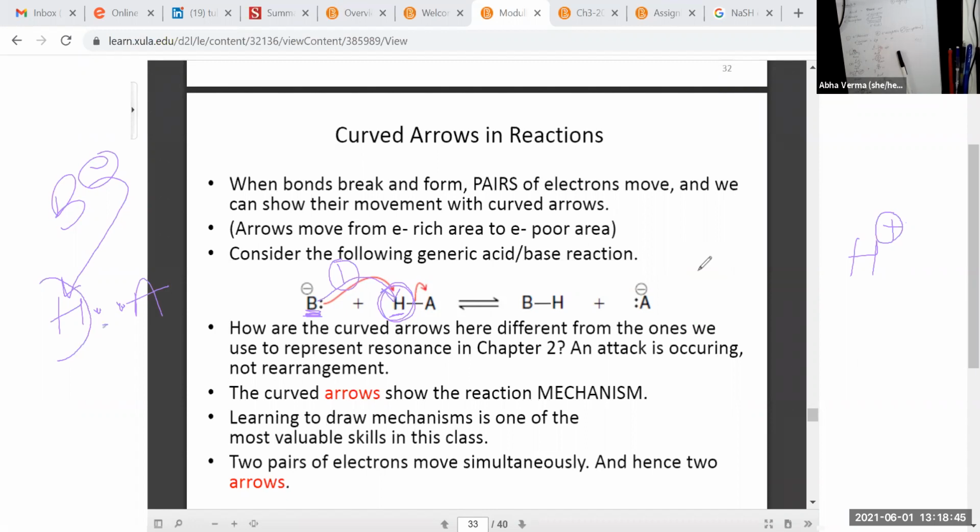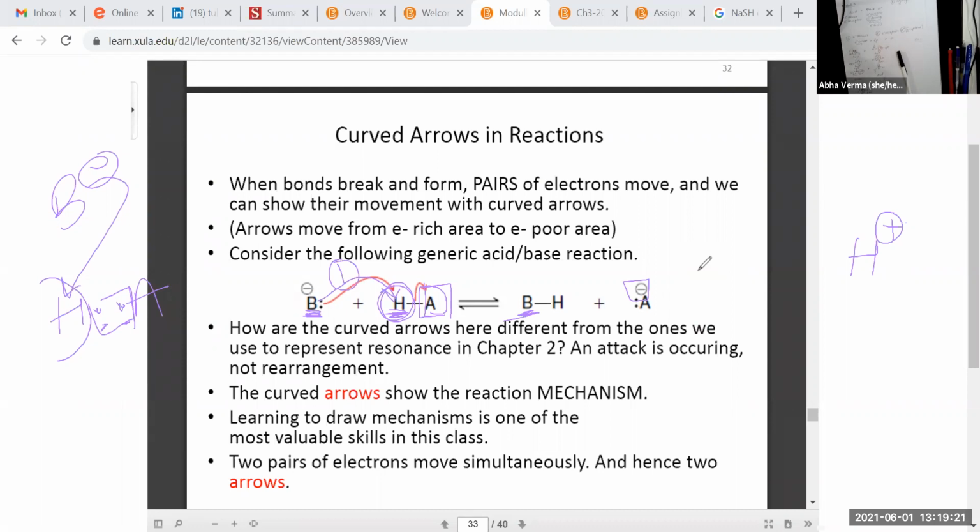What happens to the electrons of the hydrogen? They are left behind with the atom which is next to the acidic hydrogen. So here A is the atom next to the most acidic hydrogen in the structure. And so these excess electrons become a negative charge, while the hydrogen is now attached to your conjugate.